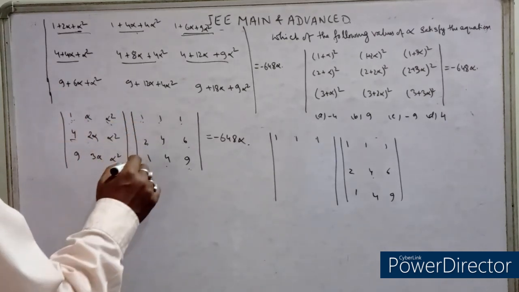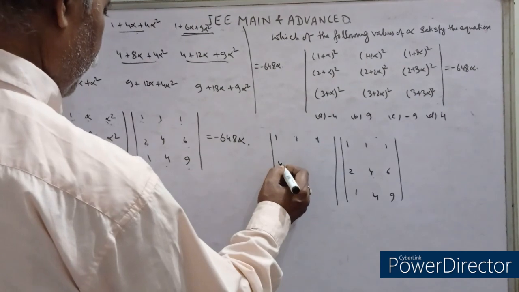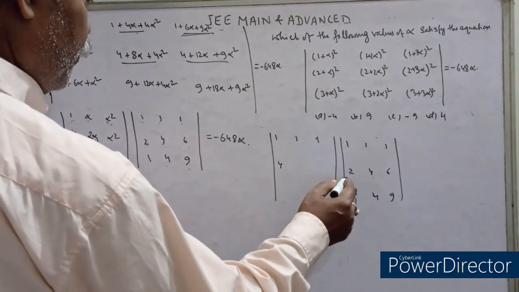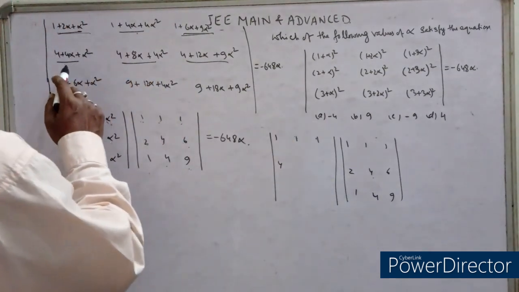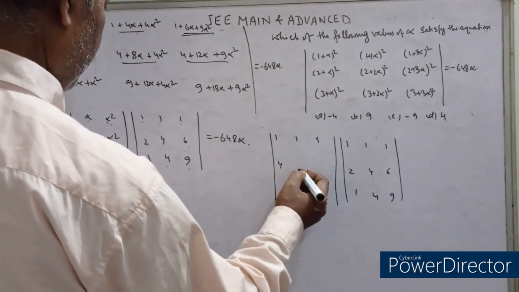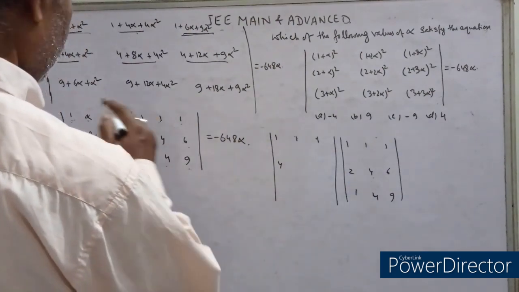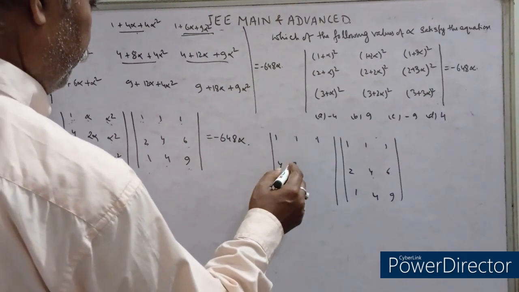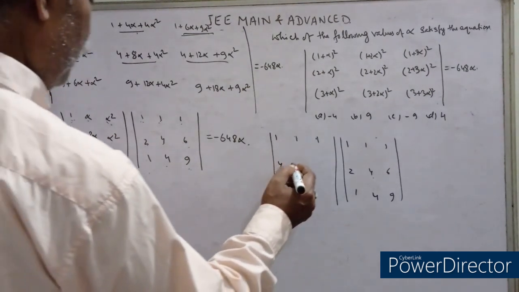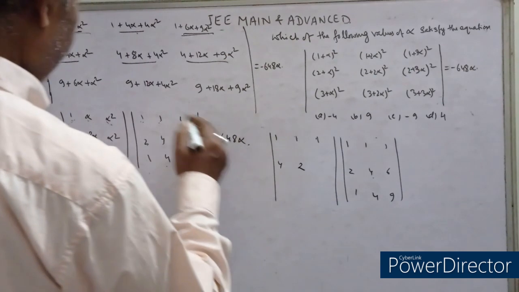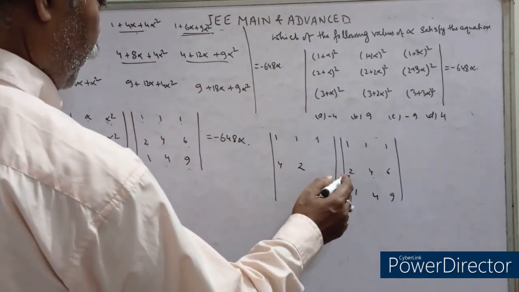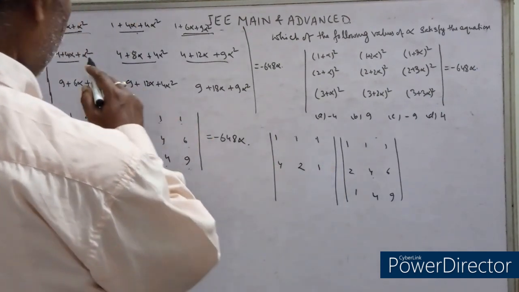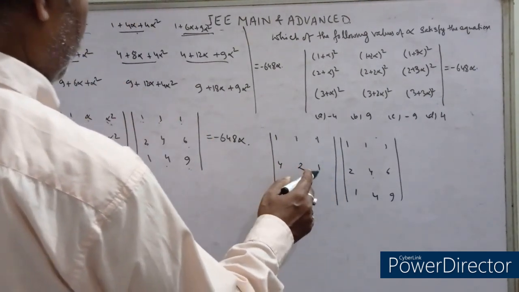This is 4 into 1, that means this must be 4. 4 into 1 and 4 into 2, that is 4, and then 4, this is 4 into 1, then 4, then this must be 2, so this will be 2 into 2, this will be 4, and then the last will be 1, 1 into 1, that will be 1.